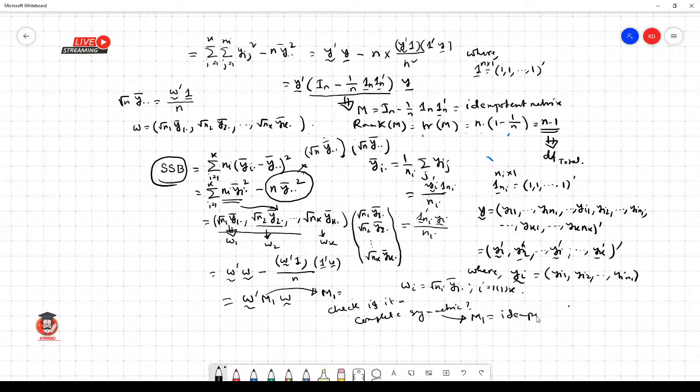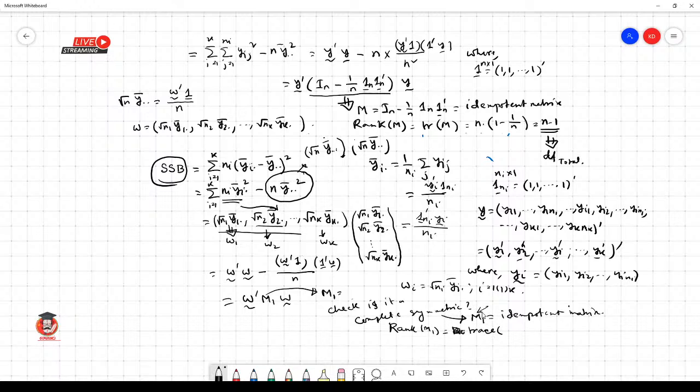These are your homework. And hence find rank of M1, which is nothing but the trace of M1.